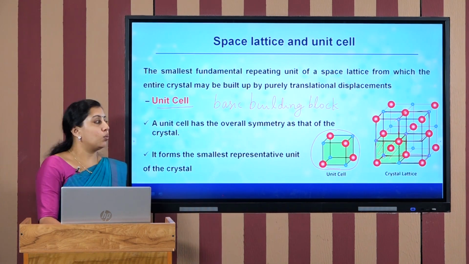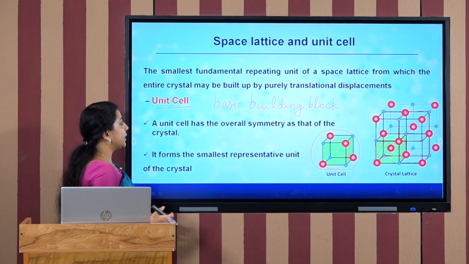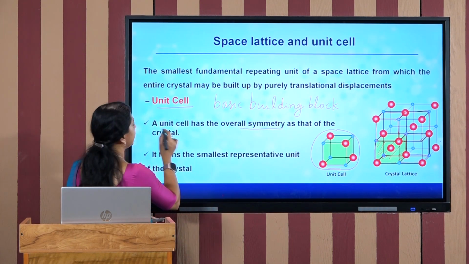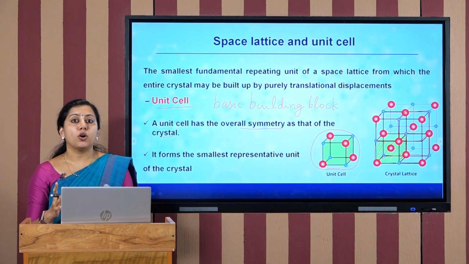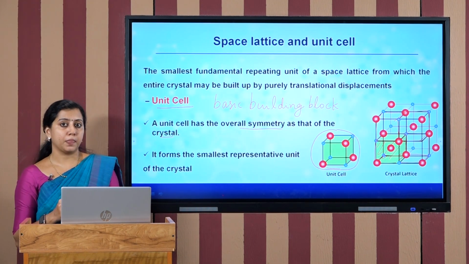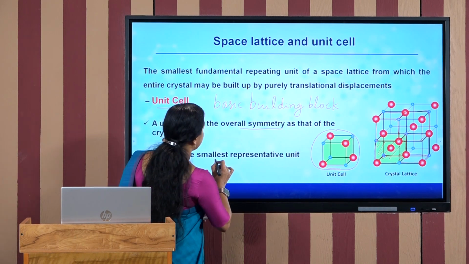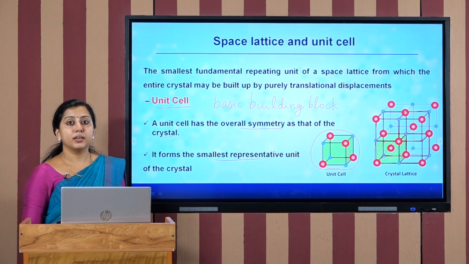Now, what is the characteristic feature of a unit cell? A unit cell has the overall symmetry of the crystal. That is, the symmetry of the crystal as a whole will be equal to the symmetry of the unit cell. In simple words, a unit cell forms the smallest representative unit of the crystal.